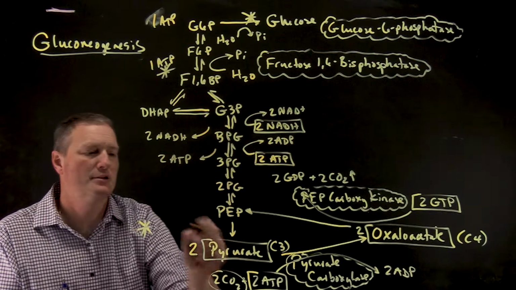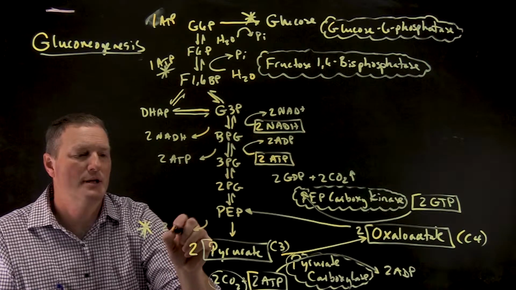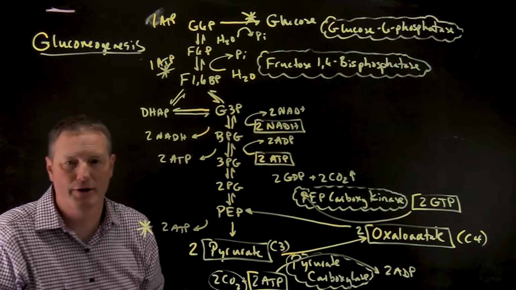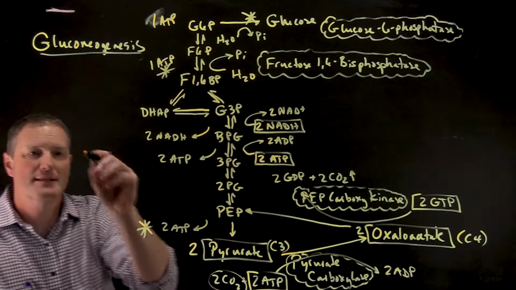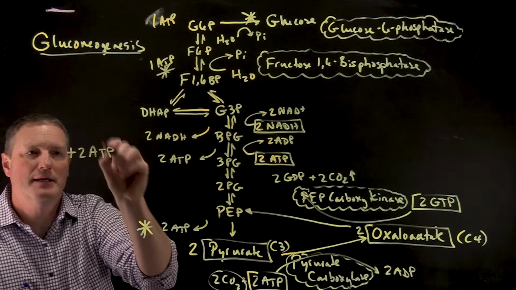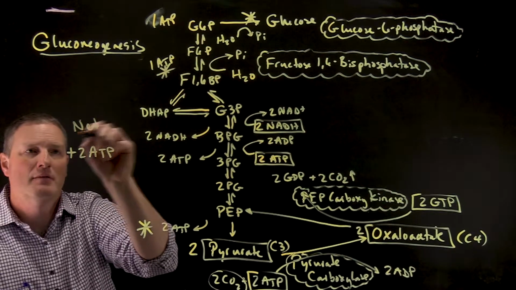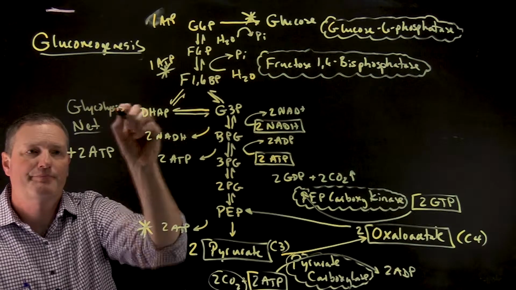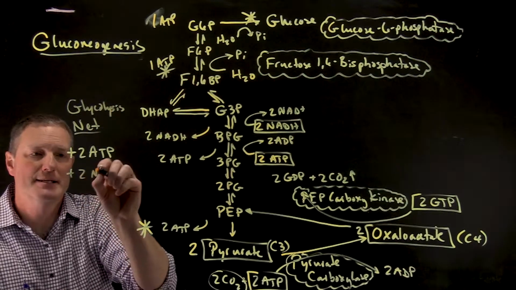And then ultimately here I get 2 ATP. So on this left-hand side of the figure, in the downward direction of glycolysis, my net gain would be plus 2 ATP for glycolysis, and I would have plus 2 NADH.